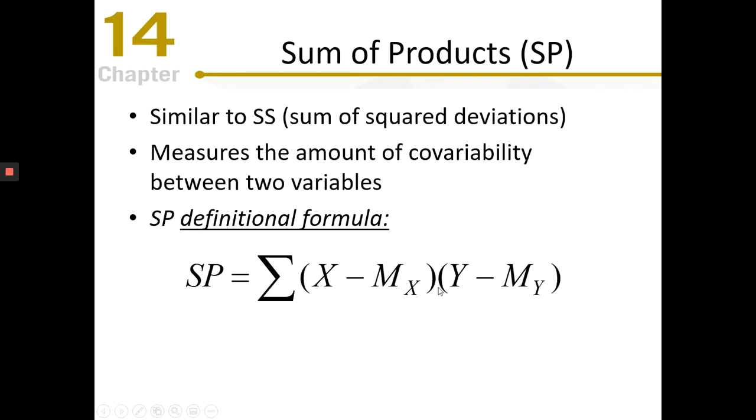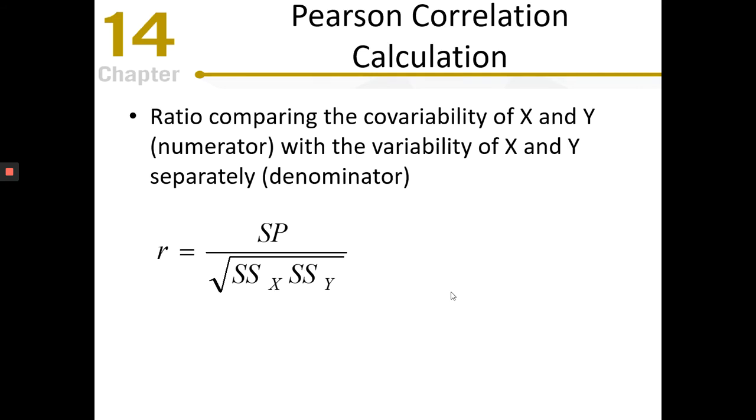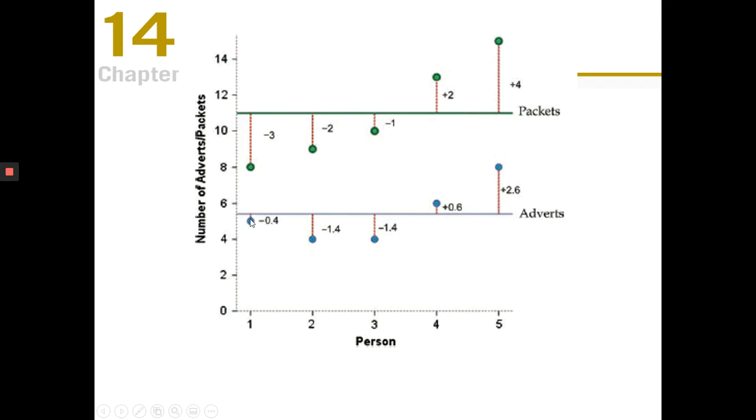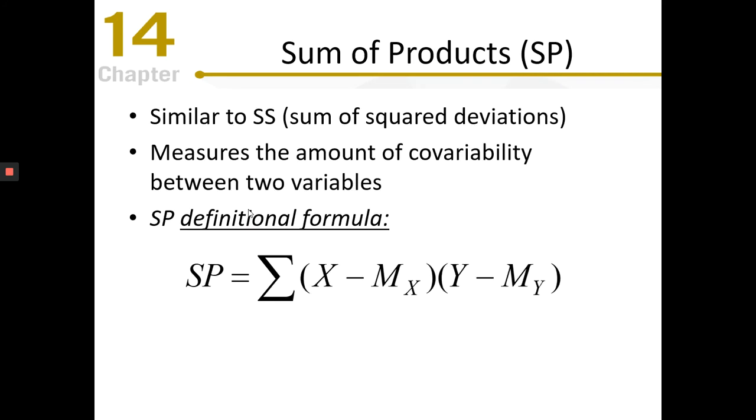And then for each person, we're going to do the same thing for y. So we do this with each person. Each person, how far are they from the mean of adverts, and how far are they from the mean of packets? And we're going to multiply those two. So for every person, look at what their score is on the first variable, adverts.